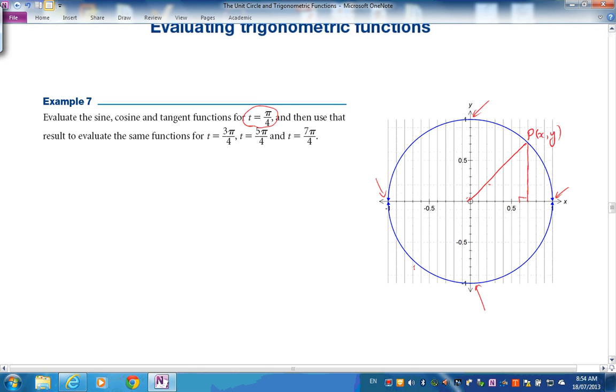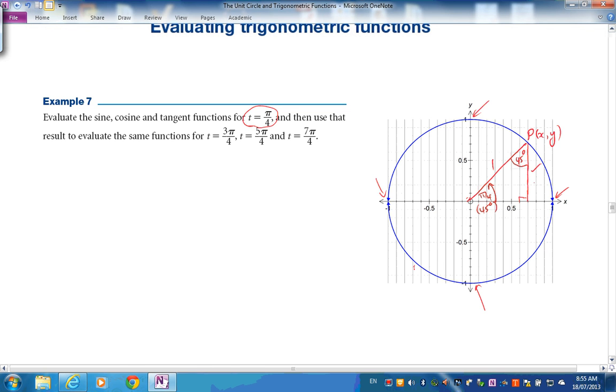So pi on 4, how do I know where to do it? It's halfway, isn't it? Pi on 4 is half of pi on 2, or if you want to go back to old degree land, half of 90 is 45 degrees. All right, okay, so what do we know? This is a 1 unit radius here. Now in 45 degrees, that will also be 45 degrees.